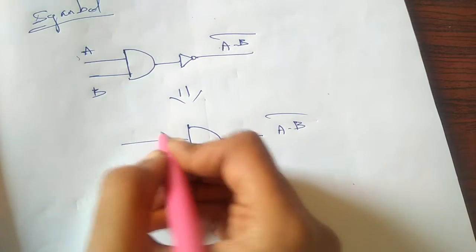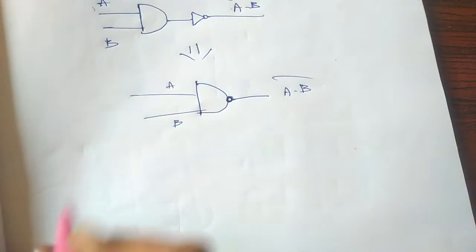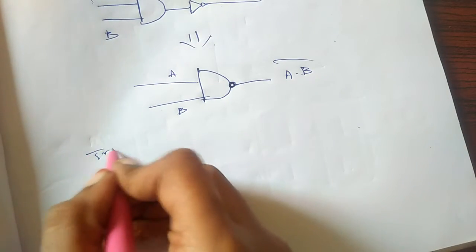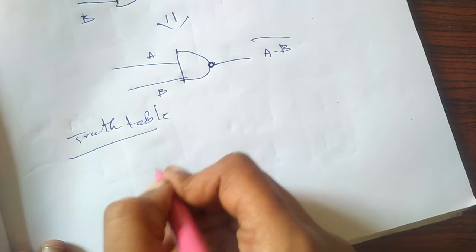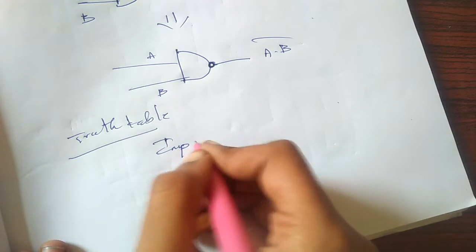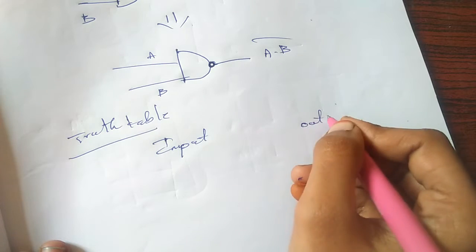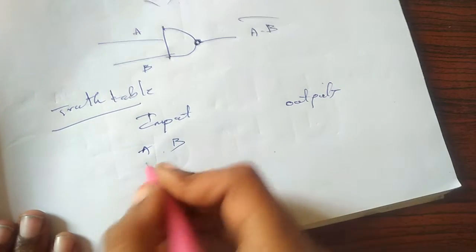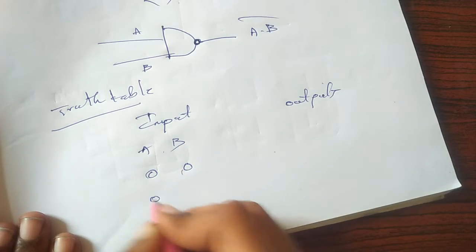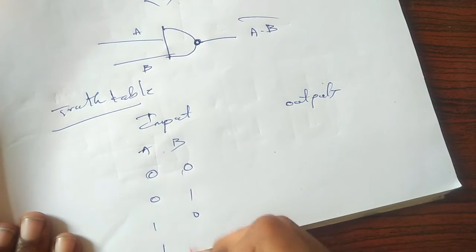If you give input AB, what is the truth table? The truth table has inputs and outputs. If inputs are AB, their combinations are 0 0, 0 1, 1 0 and 1 1.